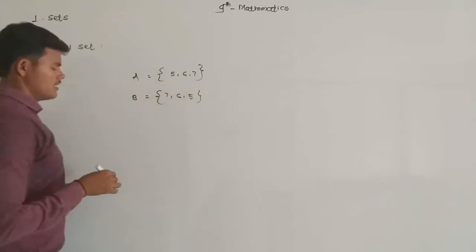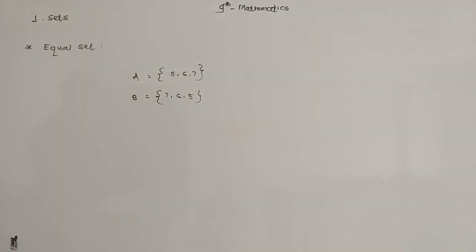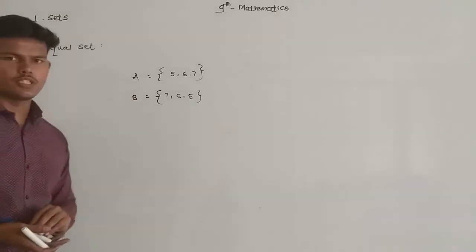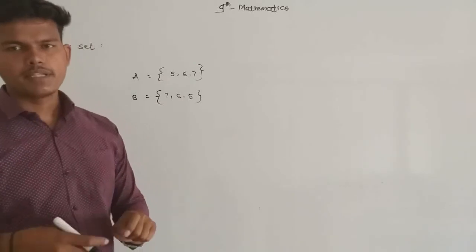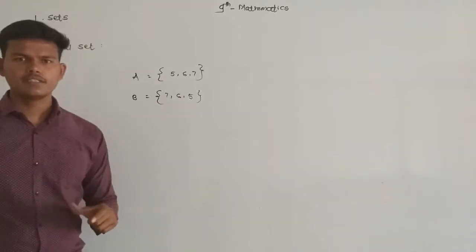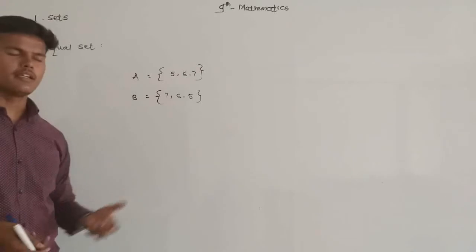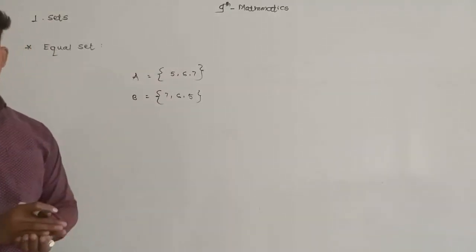So what is an equal set? If you consider two sets A and B, and all the elements of set A are present in B and all the elements of set B are present in A, then the sets are said to be equal sets.